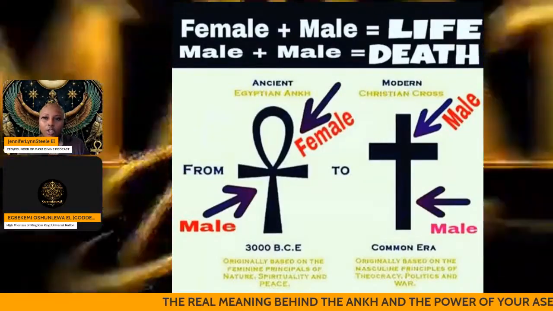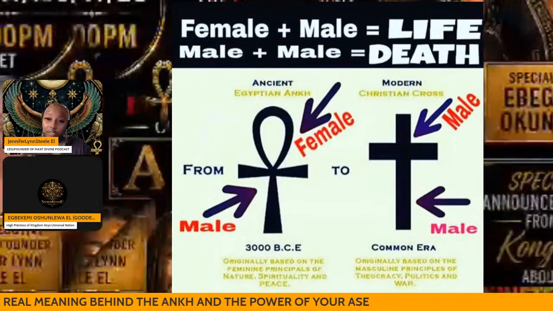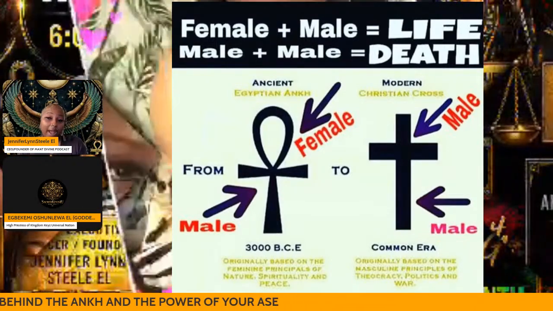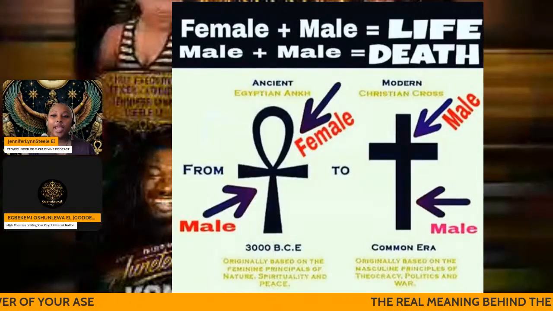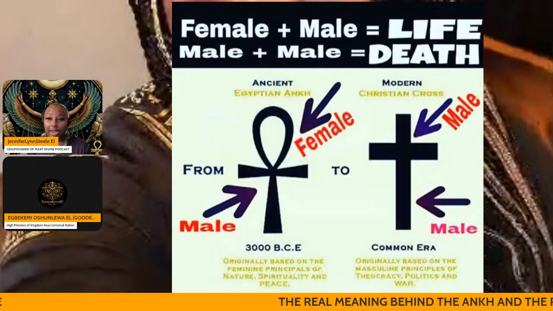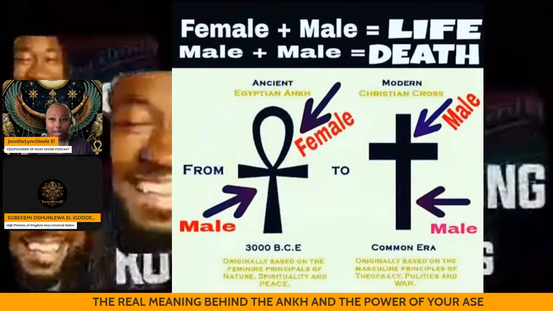Okay. So the Ankh reminds us that life itself is holy. It reminds us that creation is sacred. It reminds us that every human being carries divine energy within them. The Ankh also teaches balance, you all.